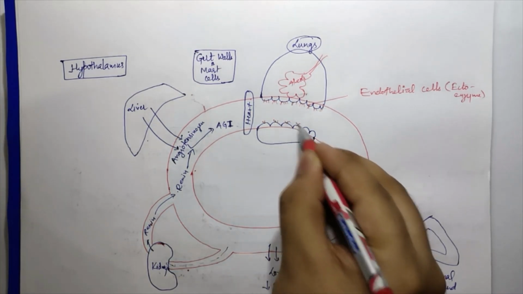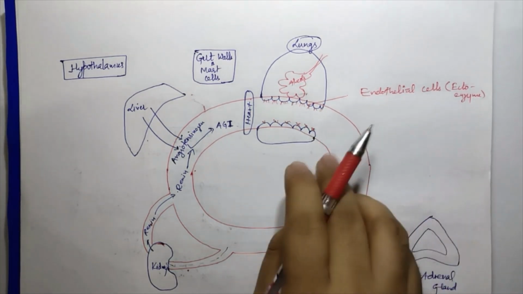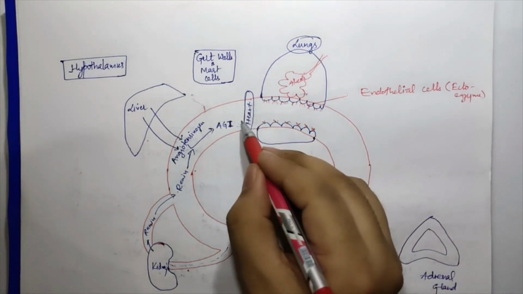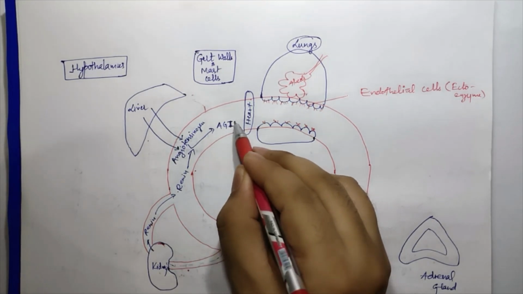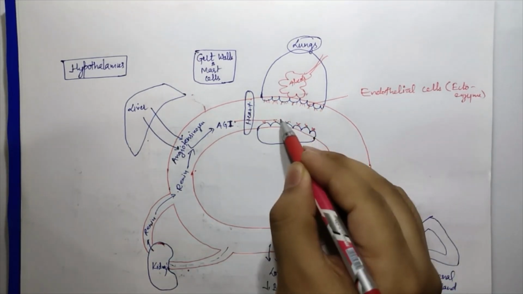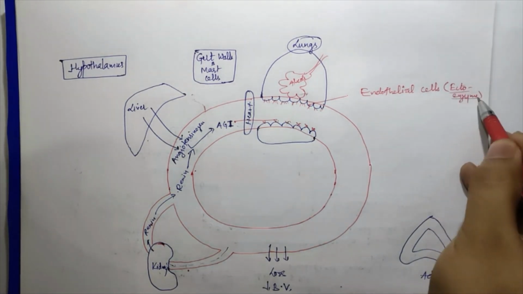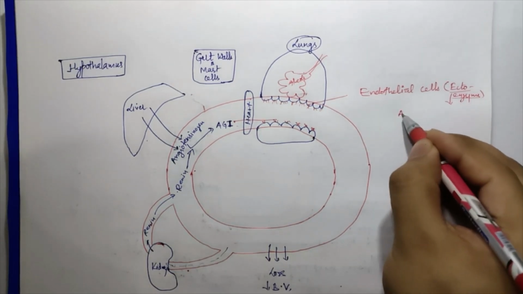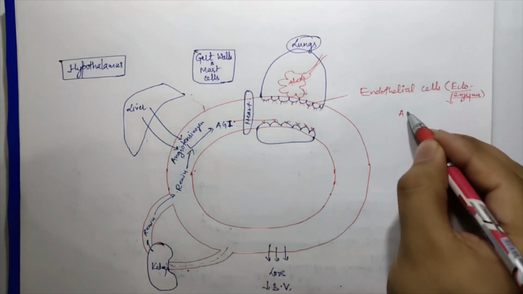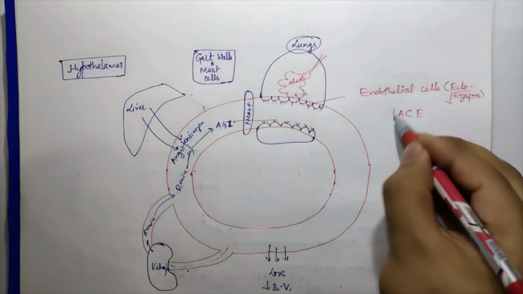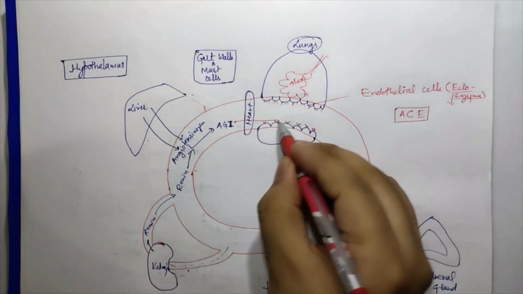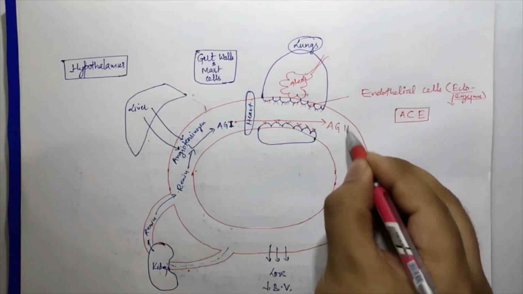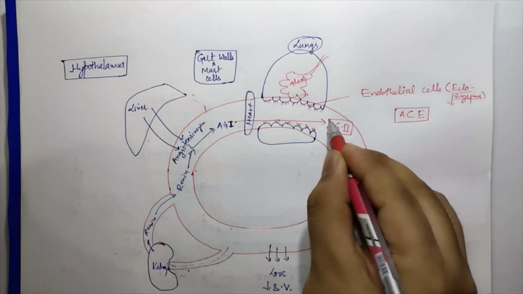This is expressed everywhere in the capillaries or blood vessels which surround the alveoli. And when blood having angiotensin 1 approaches this ectoenzyme, which is basically called angiotensin converting enzyme, ACE, it converts angiotensin 1 into angiotensin 2. So this is their main role.